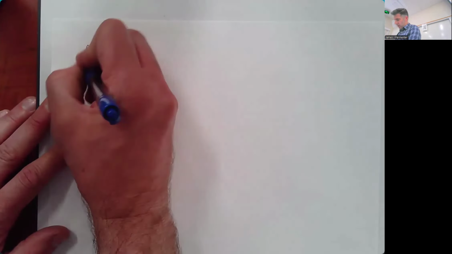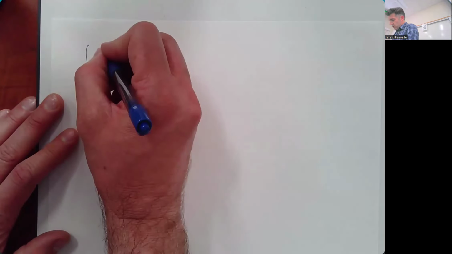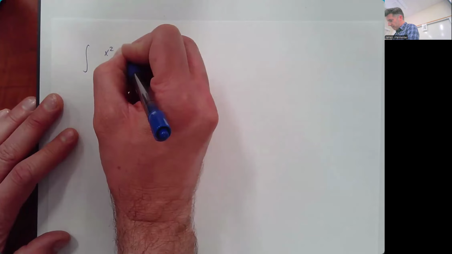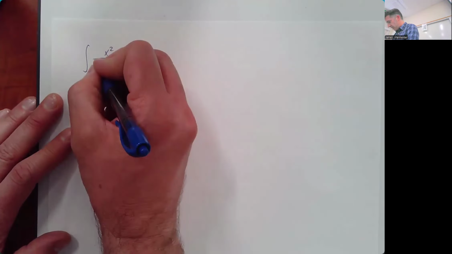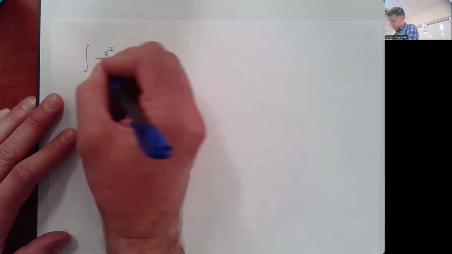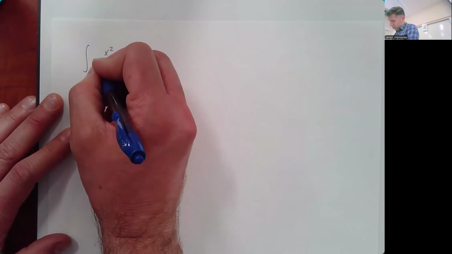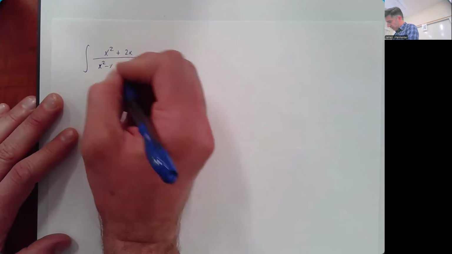Yeah. So let's do this one. So let's say we wanted to find the integral of, let's not make it too terrible, x squared plus 2x over x squared minus, oh, I don't love that choice already.